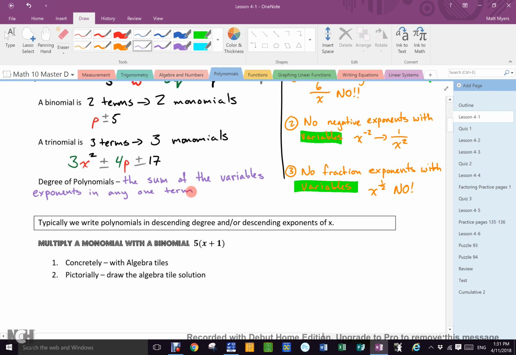Okay? So, what's important? Again, variables. And for degree, we only care about exponents. So let me write a couple of examples, see if you can figure it out.